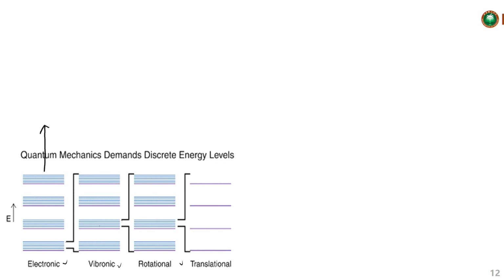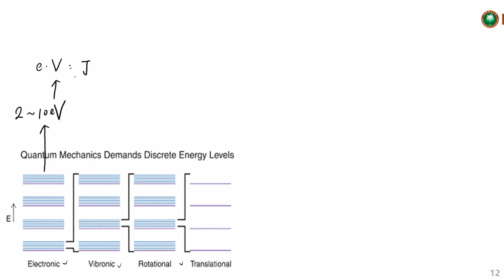For the electronic levels, the energy difference between two levels lies in the range of 2 to 10 electron volts. An electron volt corresponds to the electric charge times 1 volt, so it is also a unit for energy.